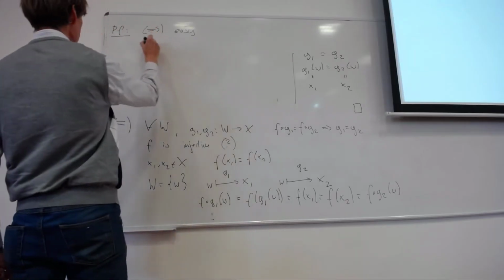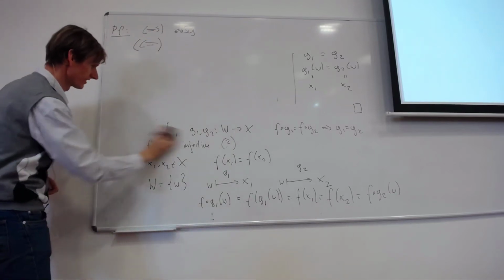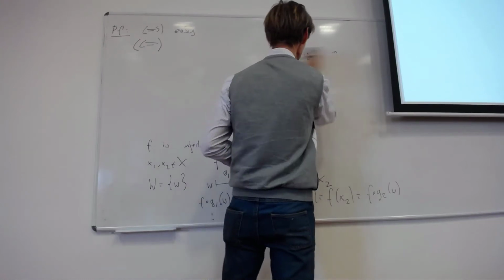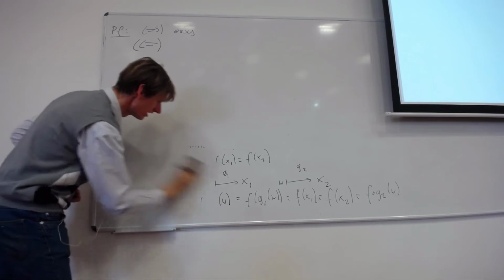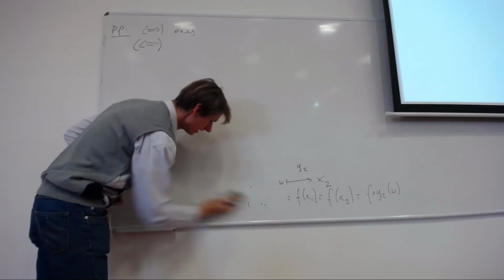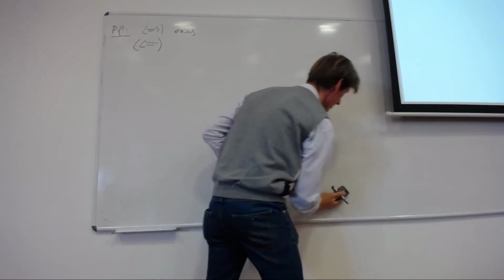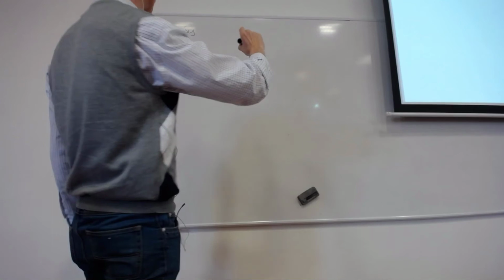The other way is not hard either, but maybe requires some argument. If we want to show the other direction, let's assume that we have this cancellation property.